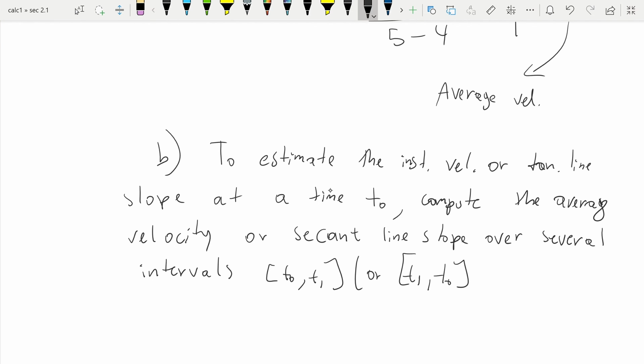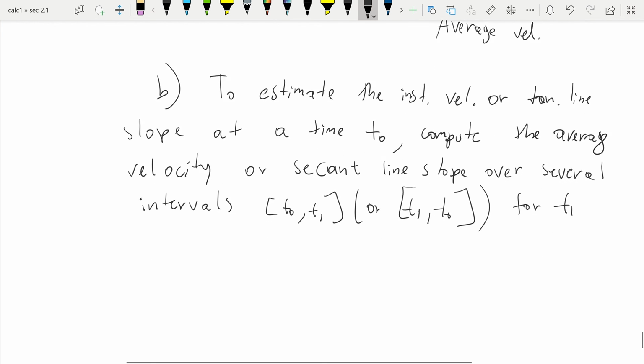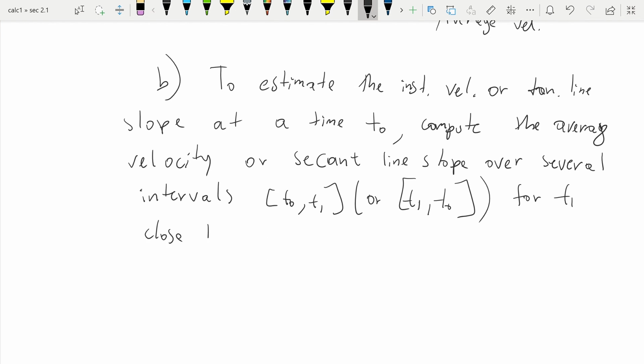We just need to approach the point t0, whether from the right or from the left. And the only condition here is that t1 has to be really close to t0, and then we estimate from these values.